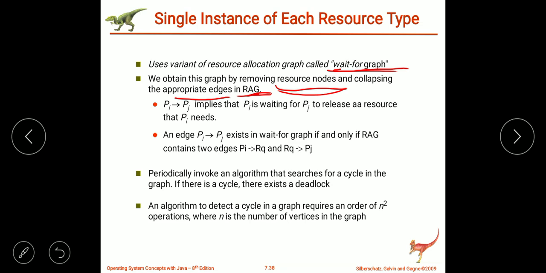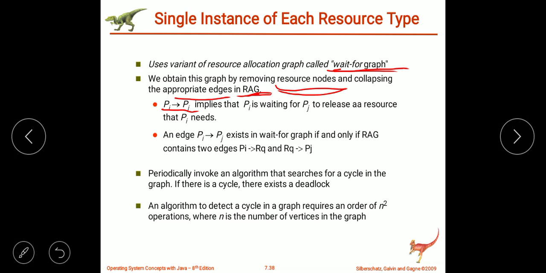If we remove resource nodes and their corresponding edges, then we would get the wait for graph. So in the wait for graph, an edge from Pi to Pj implies that Pi is waiting for Pj to release some resources which are needed by Pi. That means Pi is waiting for Pj.